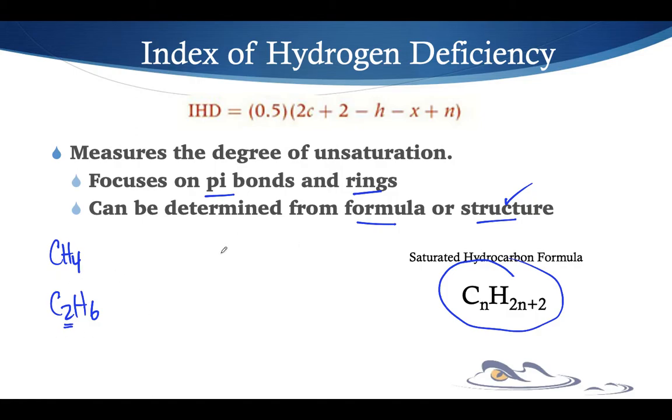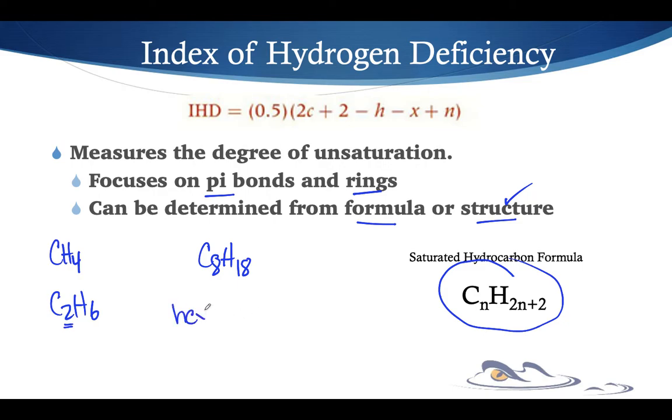Let's try one a little bigger, shall we? How about octane? C8H18. There we go. So if I've got 8 carbons, and 2 times 8 would be 16, plus 2 more, 18 hydrogens.